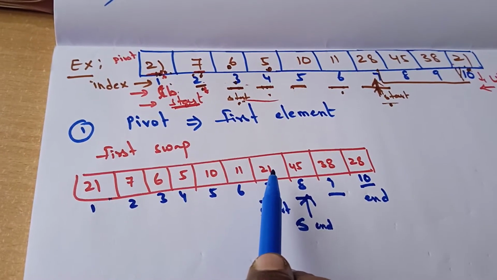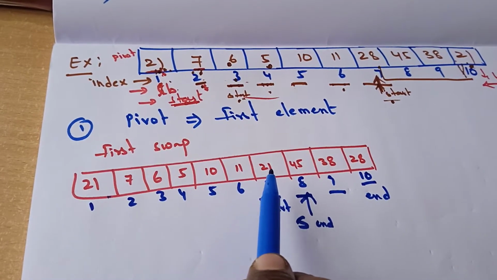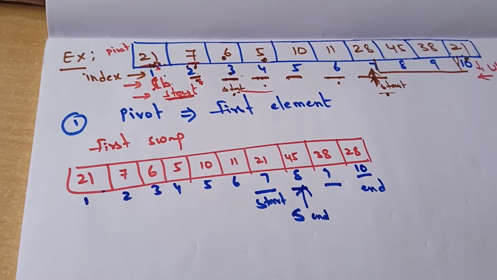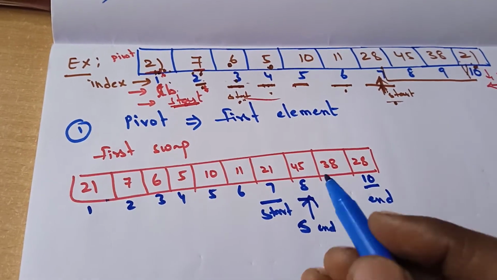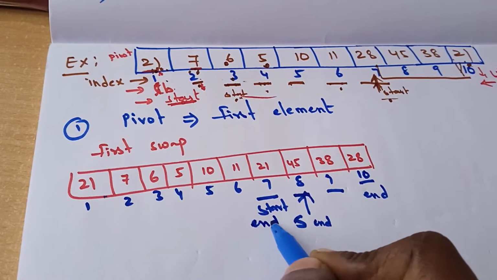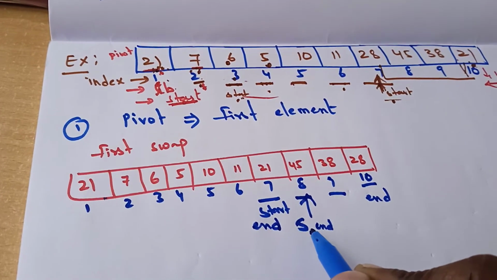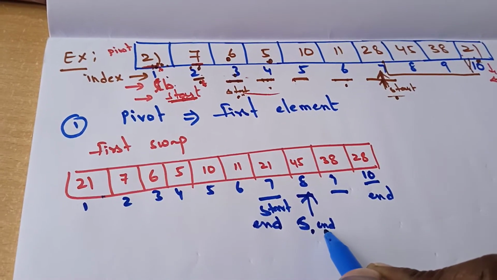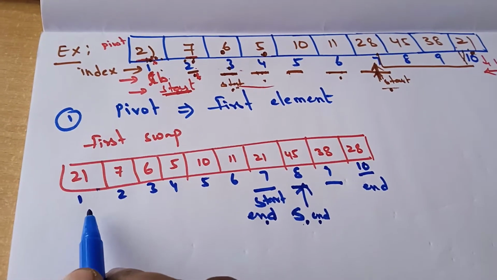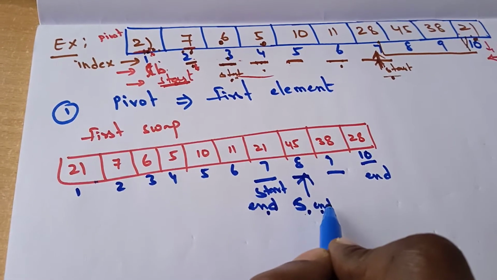So it is not a greater element. It is equal to the element, right? So when it is equal to, what do we have to do? So the end pointer will come here, right? Decrement the end pointer here. Now your start pointer is here. When your end pointer comes here, that means the starting index has crossed the ending pointer.